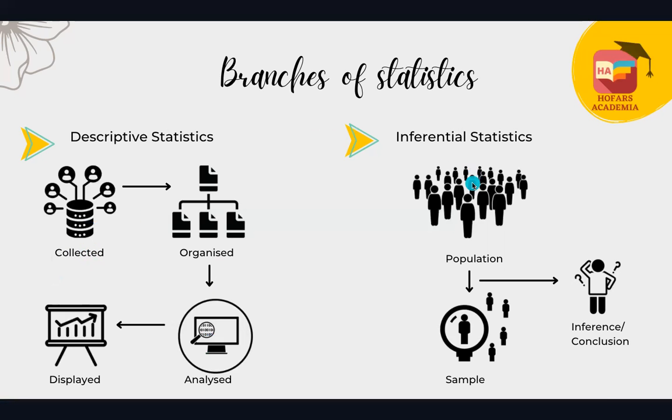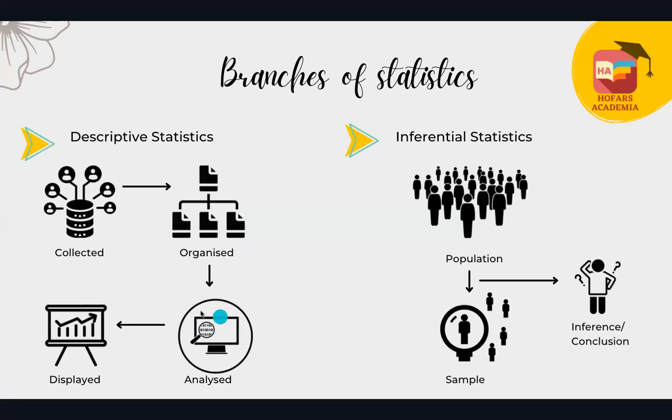But in inferential, we do know that the data that we have is just a sample of a particular population. So in descriptive statistics, we have data which is received, then organized. It could be organized in any order, and then it is analyzed. The data so collected could be structured or unstructured.